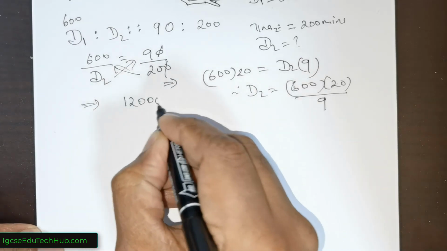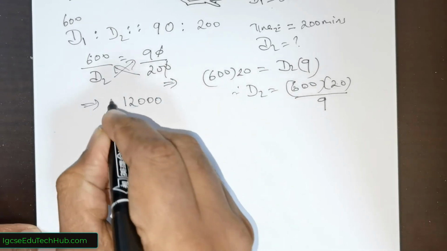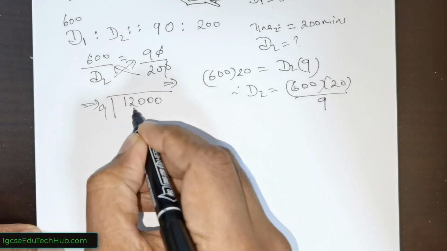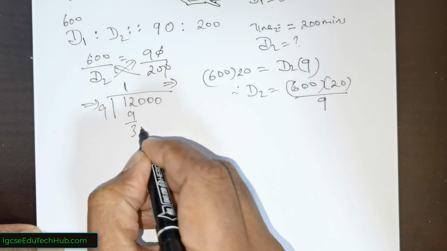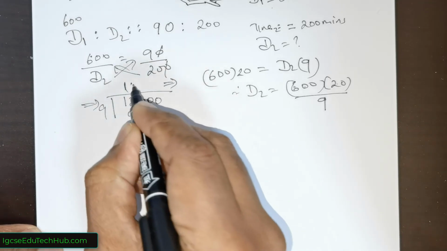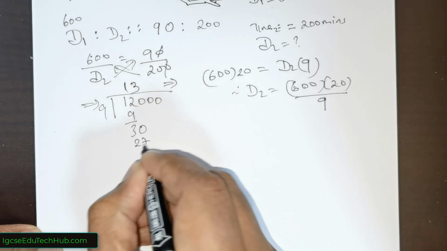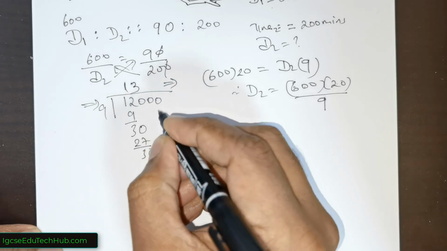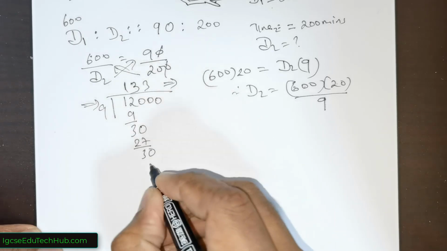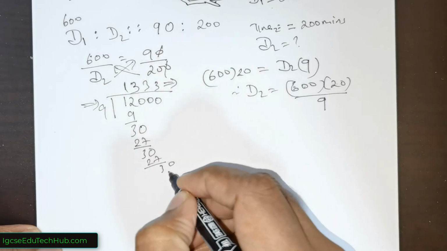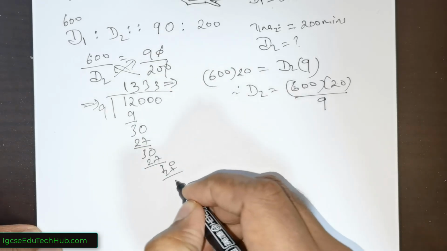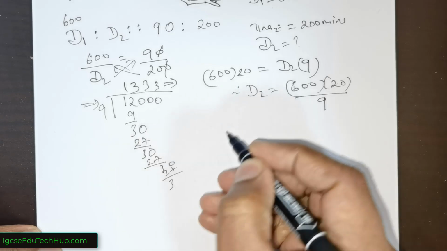You got 3 zeros there, and you have to divide by 9. So 9 here once, and you have 3, and then bring the 0, 9 3s are 27, you have a 3, bring the next 0, again 3, 27, you bring the next 0, 3, you have 27, and 3.